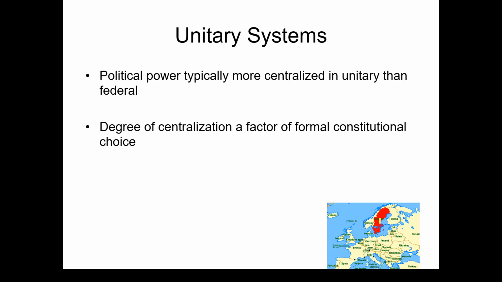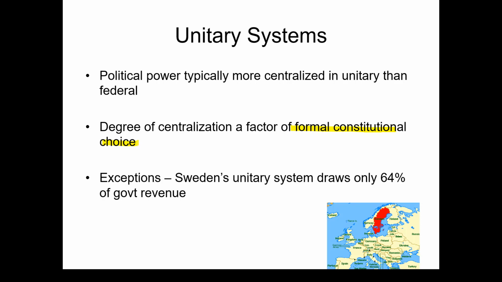No, it's all centrally located, and this is also a factor of what they decided in their original constitutional choice. And obviously for practical reasons as well, because the smaller in area the country is, the less likely it may feel to need that break up into a federal system.